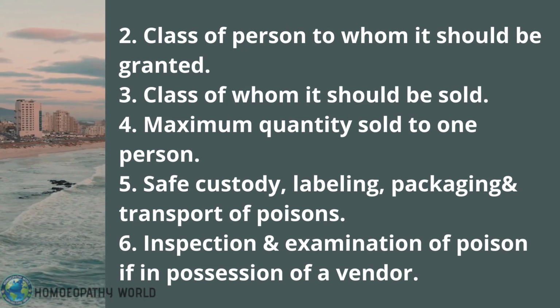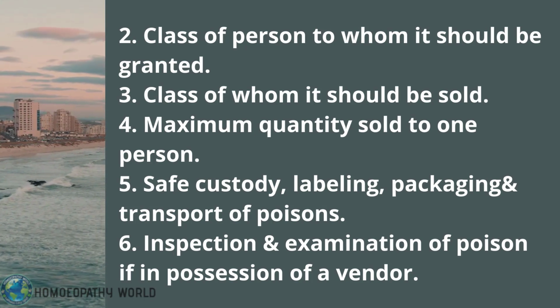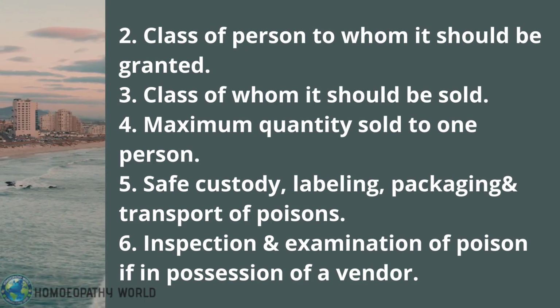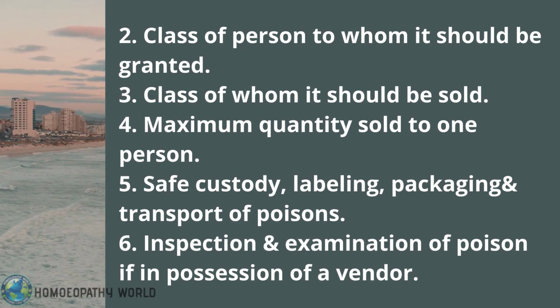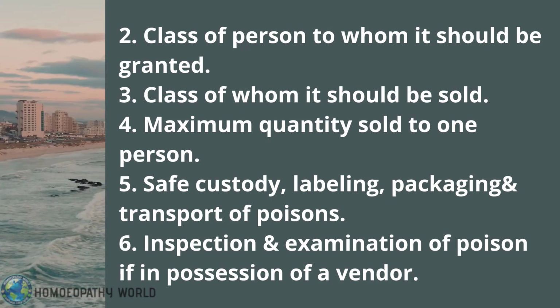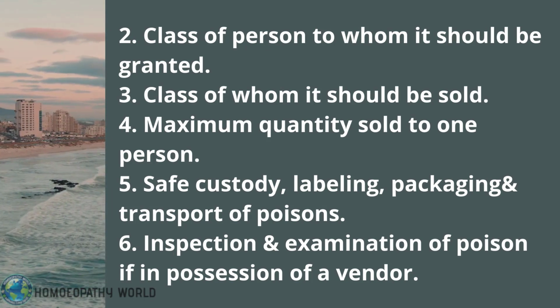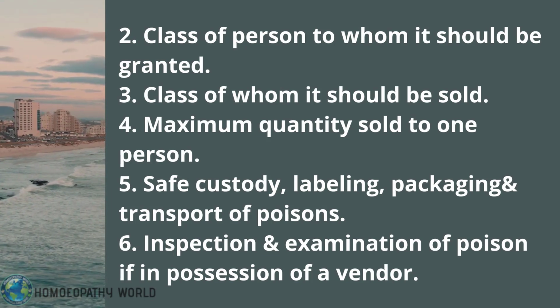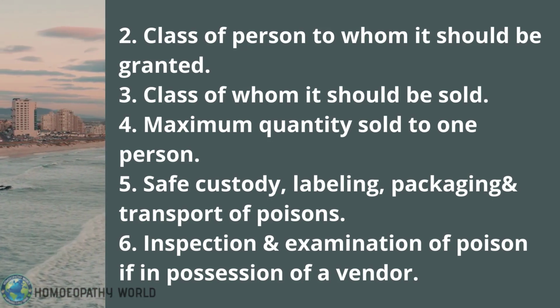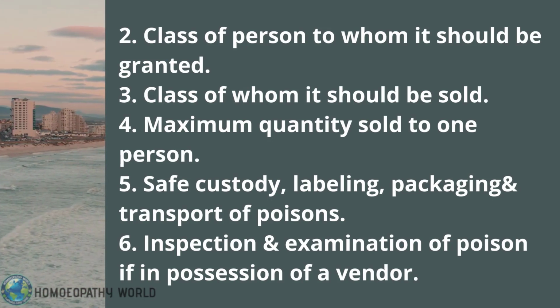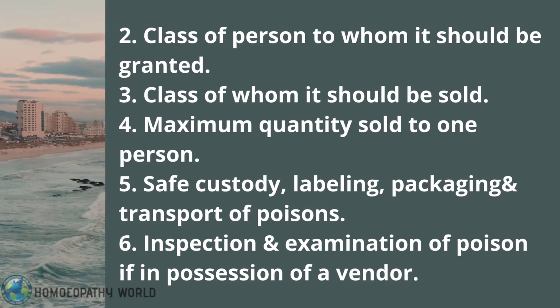So they can regulate to whom it should be sold, whether it's about age, quantity, or the reason why they want to purchase that particular poison, which is also very important.